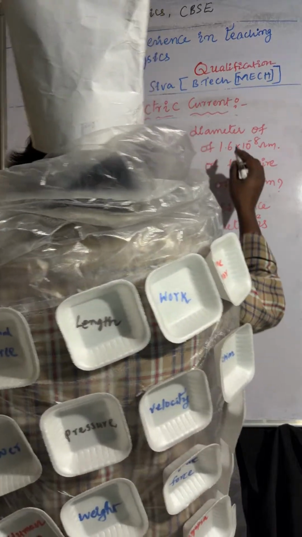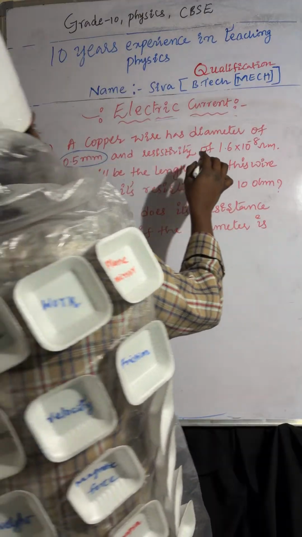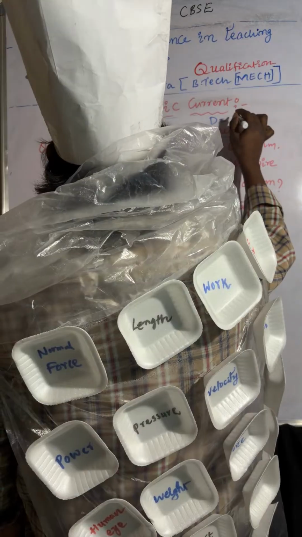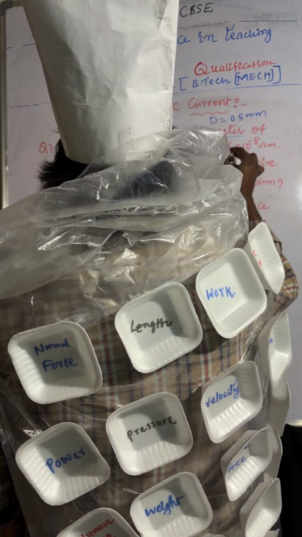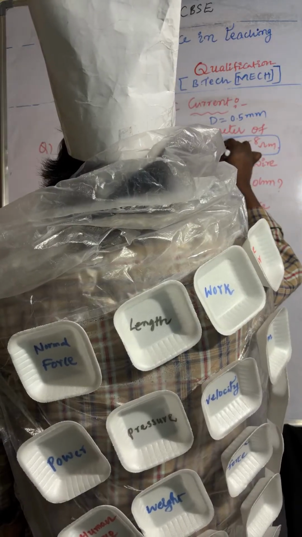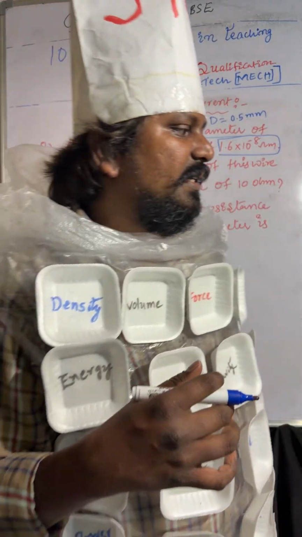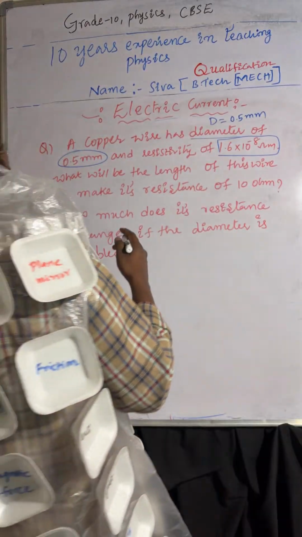So here, diameter is given. Diameter equal to 0.5 mm. And the resistivity is given, resistivity equal to 1.6 into 10 power minus 8 ohm meter.